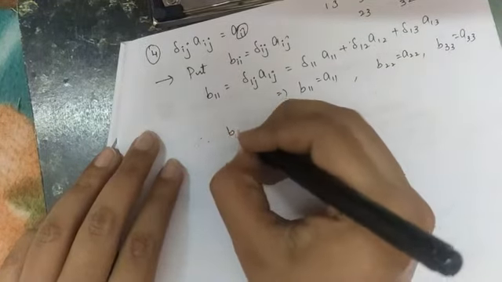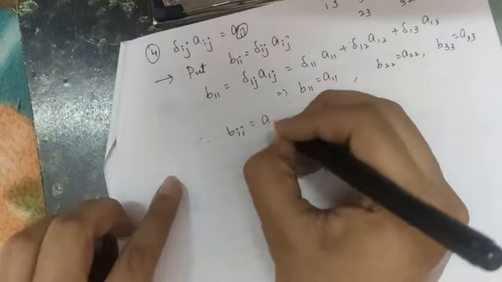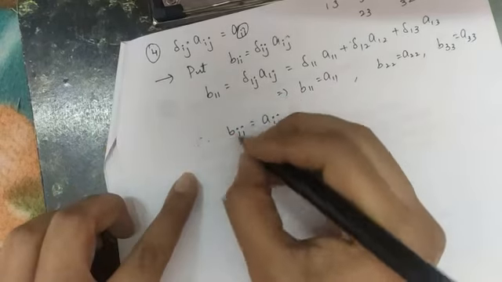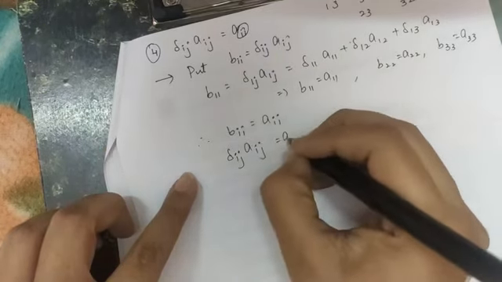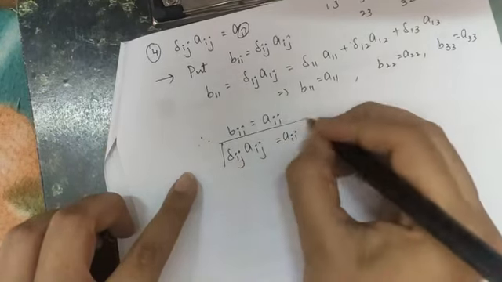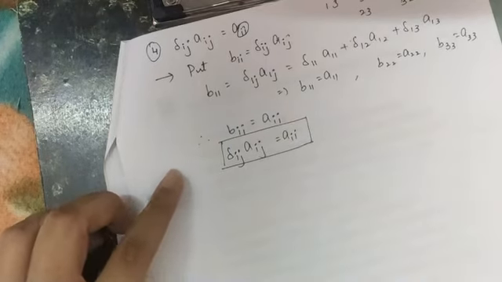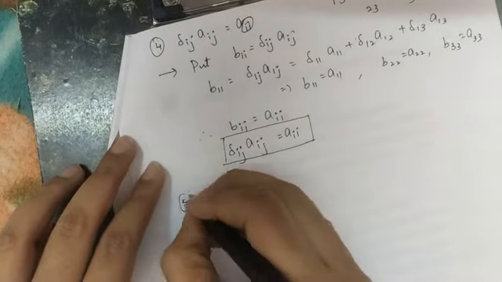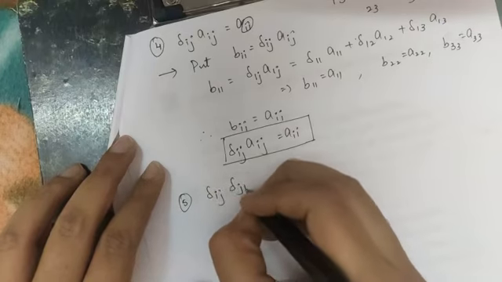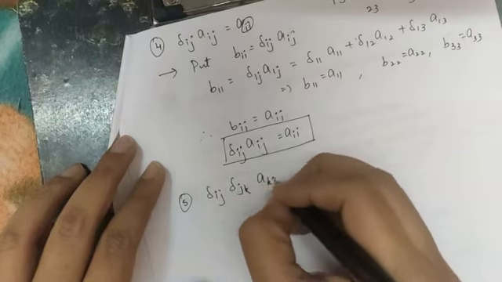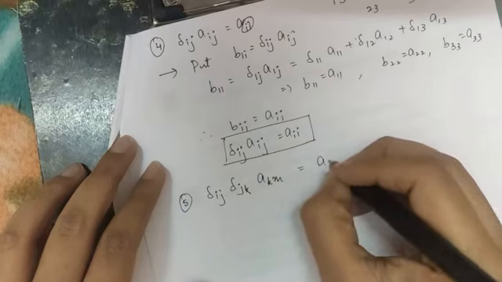Therefore you can generalize this as bii is equal to aii and bii is nothing but delta ij aij is equal to aii. So this is nothing but your fourth property. The last property is delta ij delta jk akm is equal to aim.